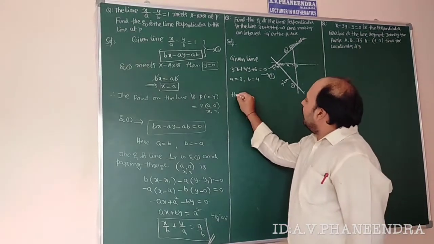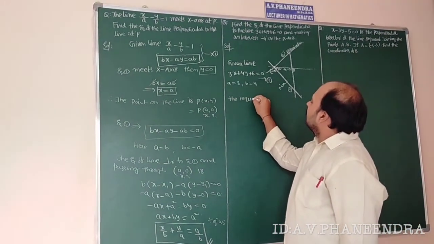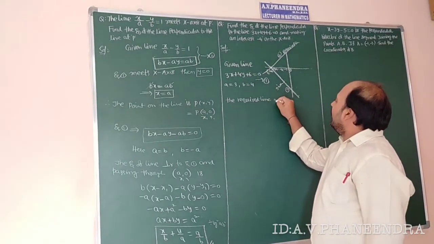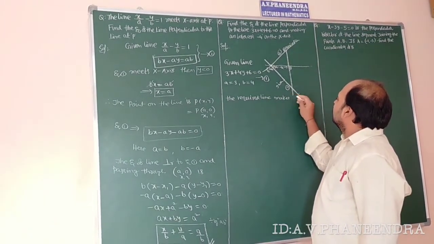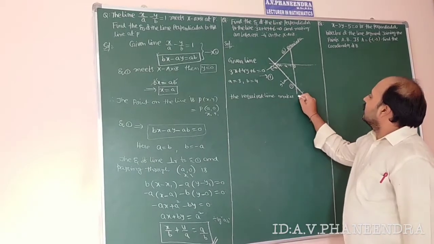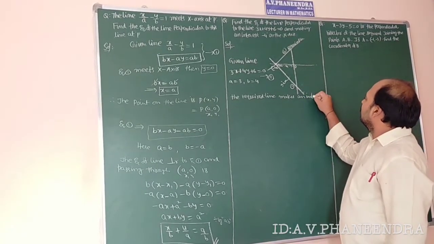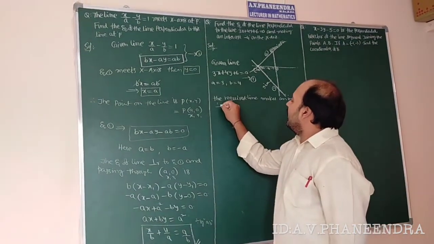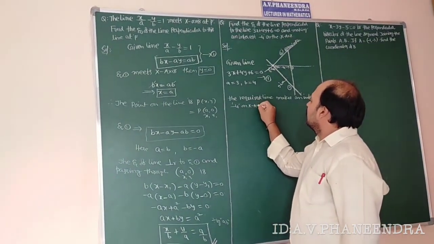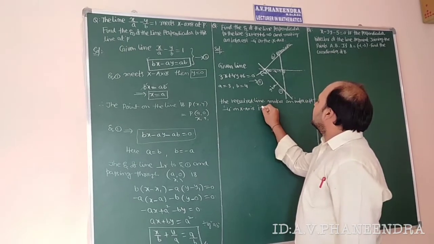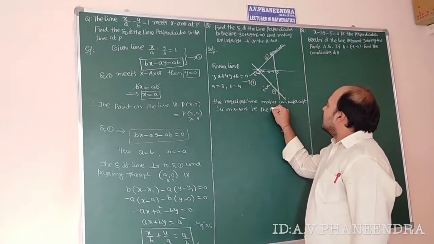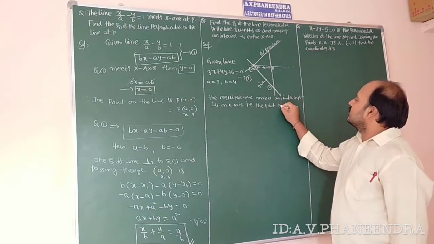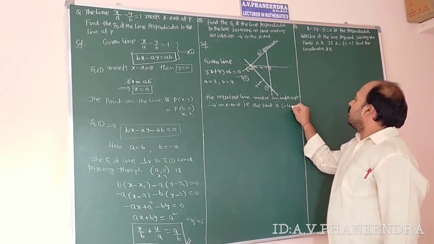The required line makes an intercept of -4 on the x-axis. That is, the point on the x-axis is (-4, 0).